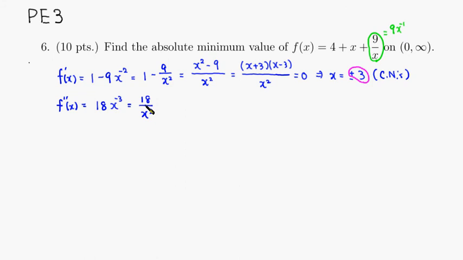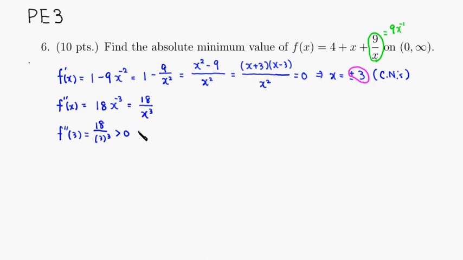Plugging in the critical number 3, f double prime of 3 is 18 over 3 cubed. We just need to know if it's positive or negative, and there's nothing negative about it, so it's positive.